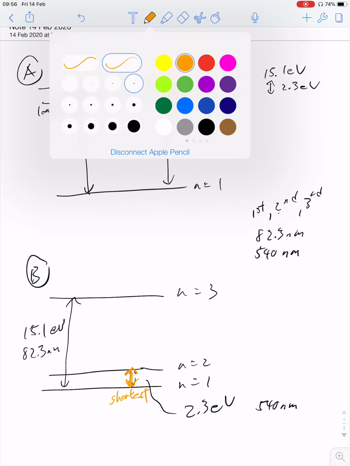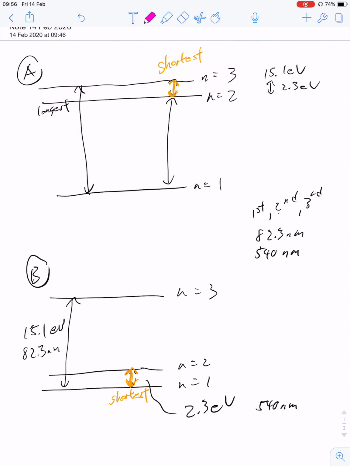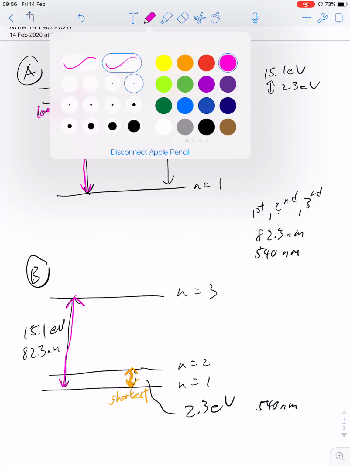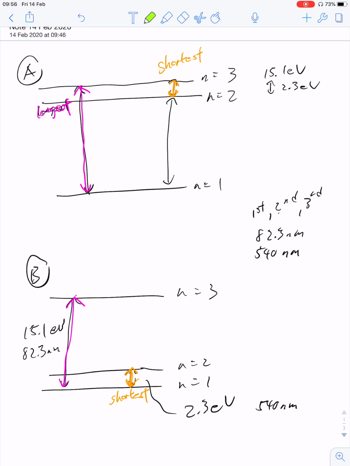And then the other possibility is that you have the longest, well, the longest is pretty much the same. It's going to be the one from the ground state to the furthest one, so that hopefully is pretty obvious. And therefore, what's left over? Remember, there are three possible energy changes here. It has to go from the first state to the second state.